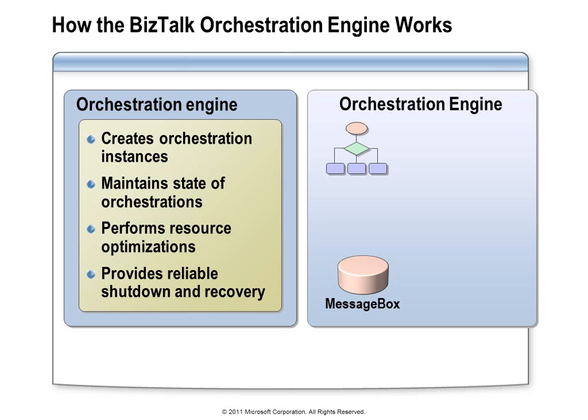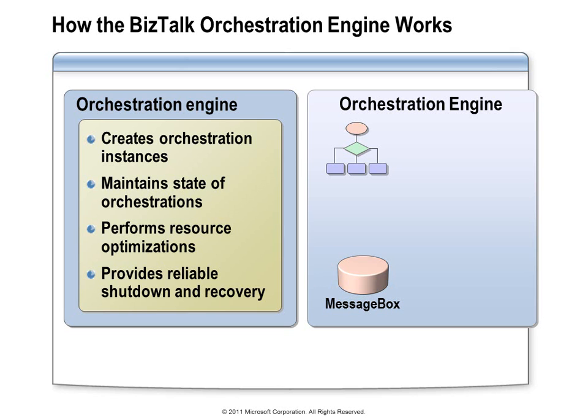So it's going to manage the memory that's available in the runtime environment. It's going to try to destroy objects as soon as possible so that memory can be reclaimed for use by other orchestration instances.